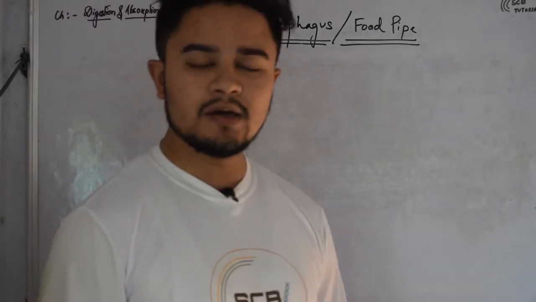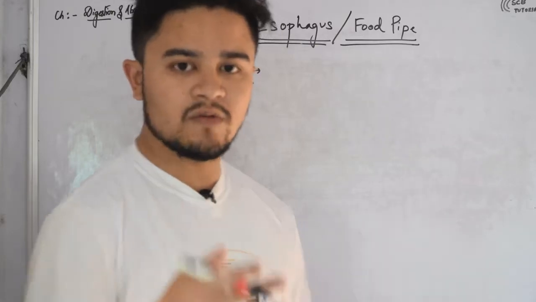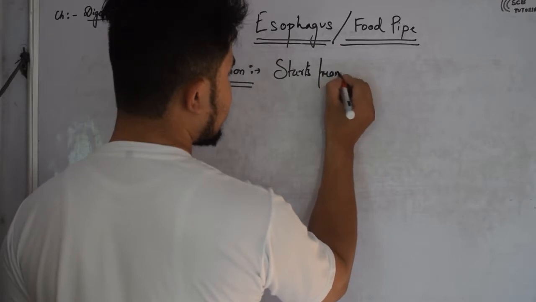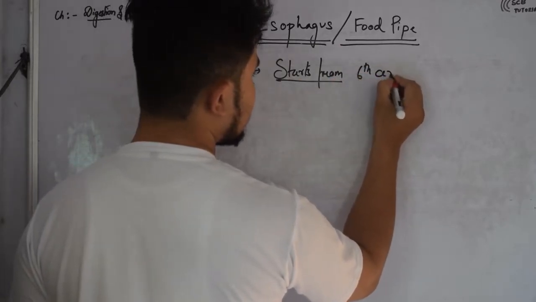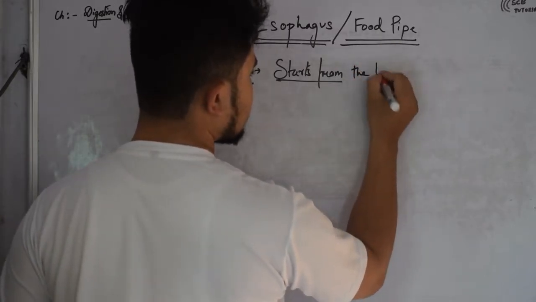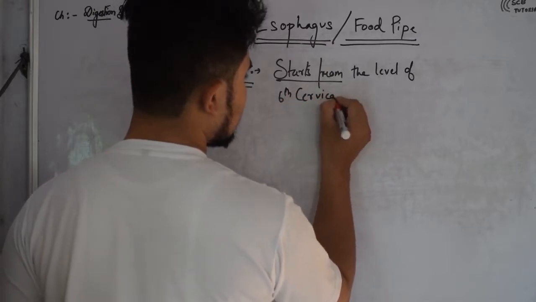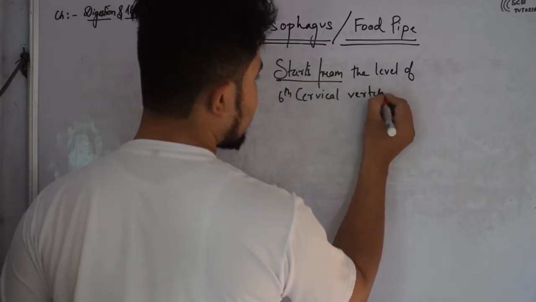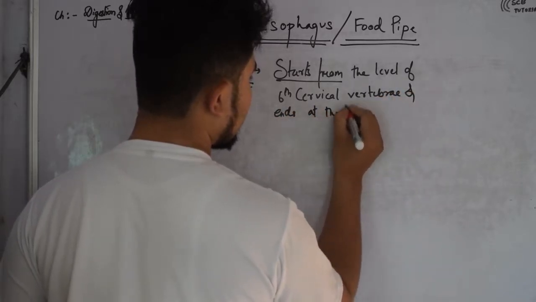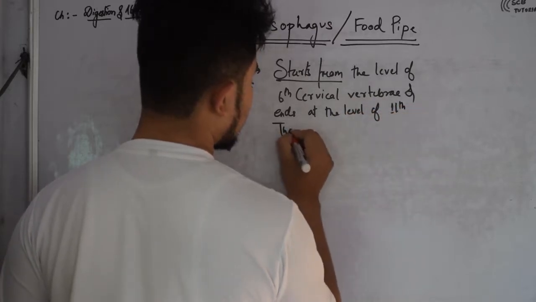If I talk about the location of the esophagus with respect to the vertebra, then it starts from the sixth cervical vertebra and ends at the level of the 11th thoracic vertebra.